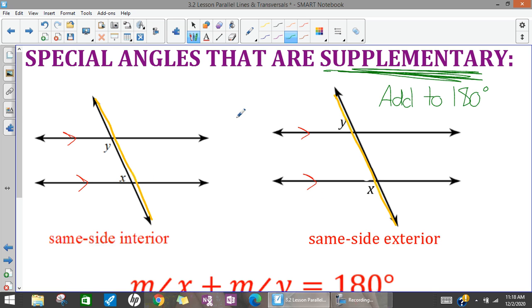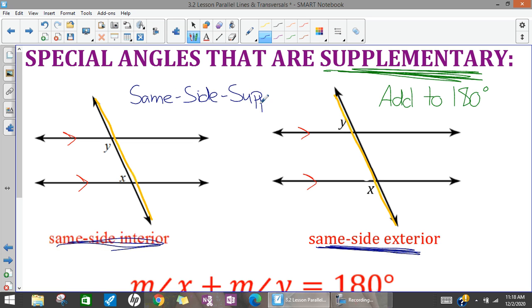So our same side interior angles add to 180, and our same side exterior angles add to 180. So one thing that I usually will say to people is we sort of have an alliteration here. Same side supplementary.